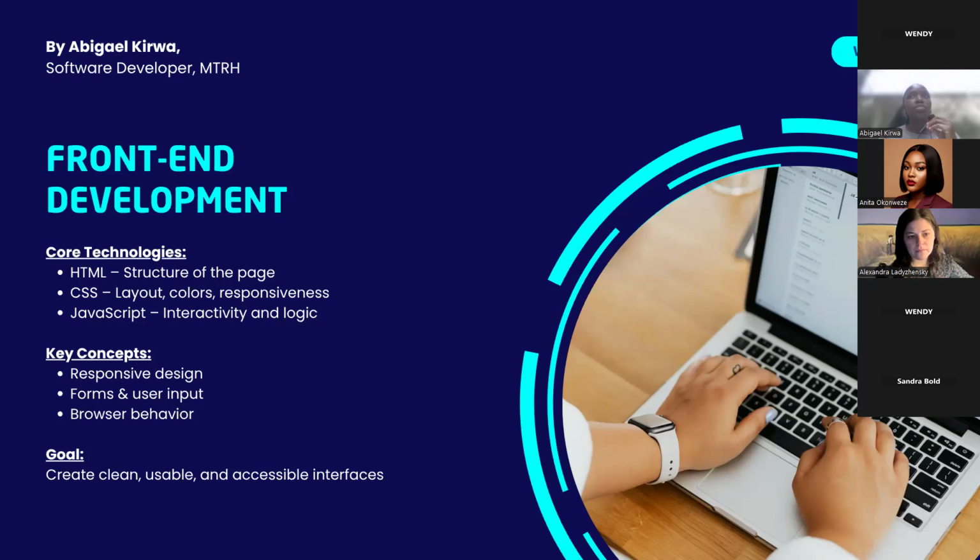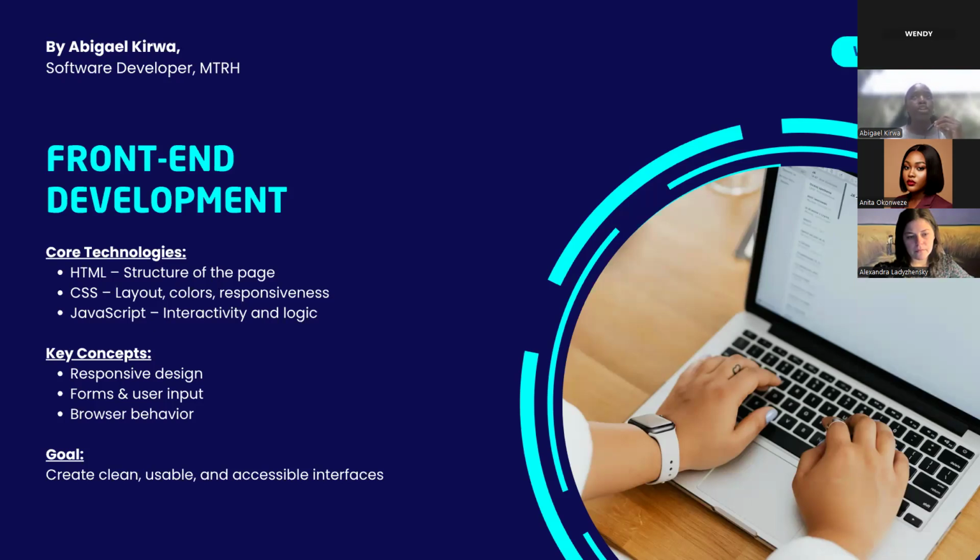You can define different elements from there, whether it's a button, a form, whether it's text. You use HTML for that. And then CSS is used for the styling. So when you want to improve on the styling of your HTML elements, you target them using CSS.